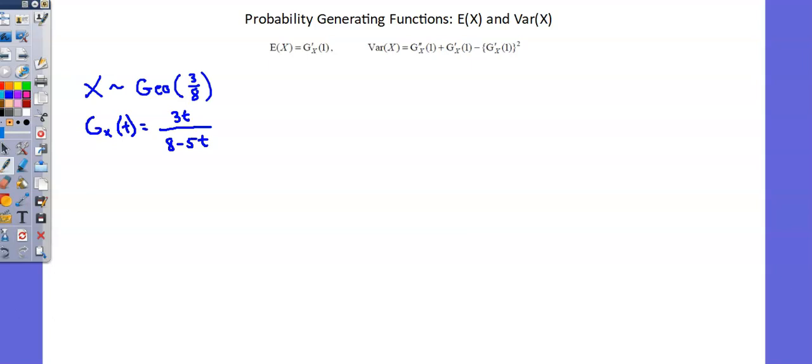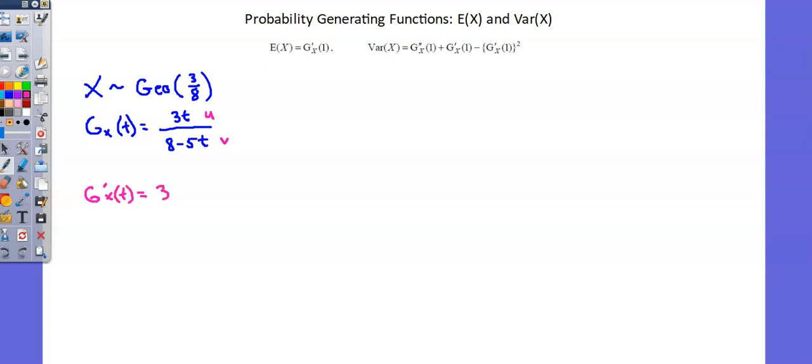Observe in the formulae we want to find the first and second derivatives of the probability generating function. Here we have a quotient, so I'm going to identify my numerator as my u function, my denominator as my v function, and then I'll work with the quotient rule to find g prime of x.